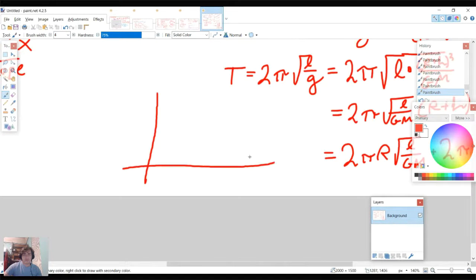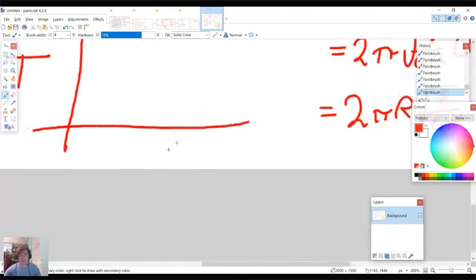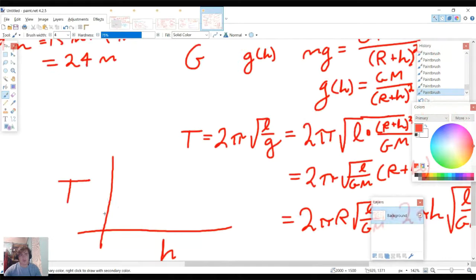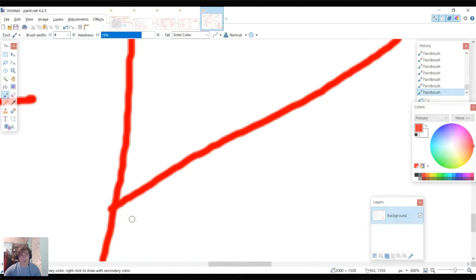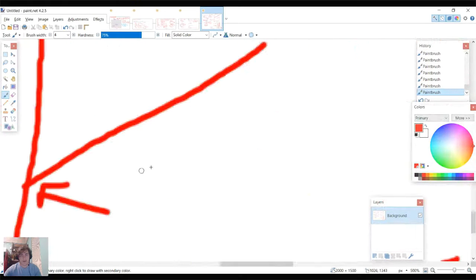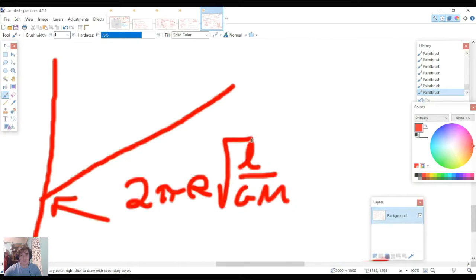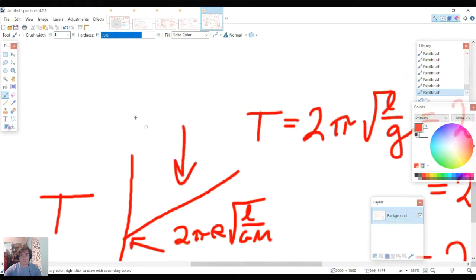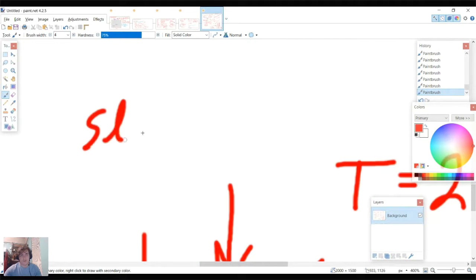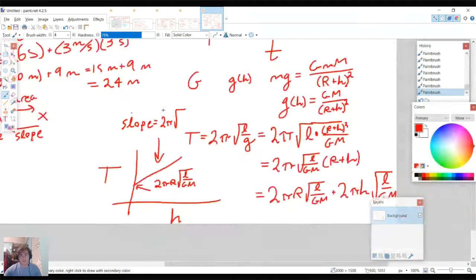You'll have T as a function of h, and the intercept here will just be 2 pi R square root of L over GM, and then the slope of this graph will equal 2 pi square root of L over GM.